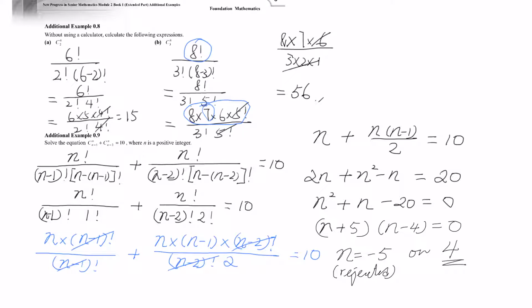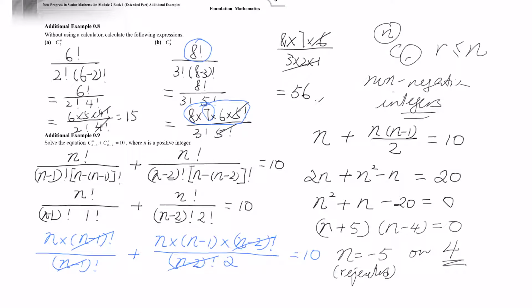If you understand that nCr means the number of combinations, then both n and r will be non-negative integers, and r must be less than or equal to n. It cannot be greater than n, because n is the total number of available objects.